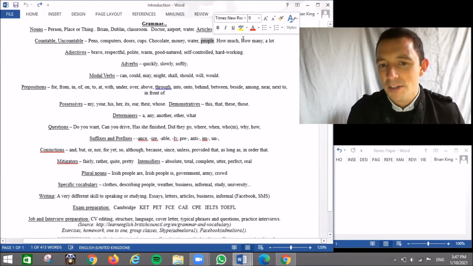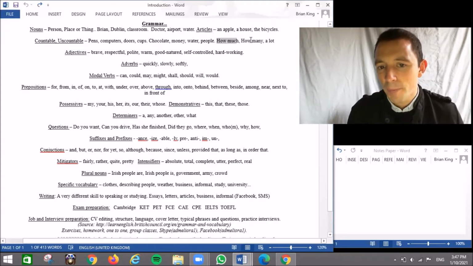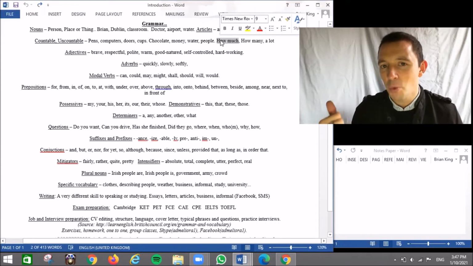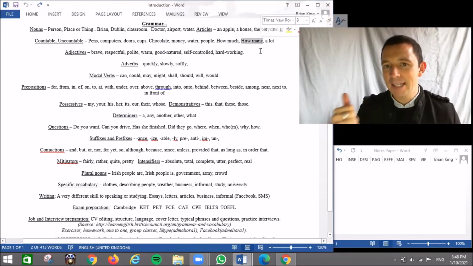And this is very important in relation to cuánto in español. How much is in relation to uncountable. Agua, how much water. Chocolate, how much chocolate, uncountable. Y many is for countable. How many pens, how many bicycles, how many books. Okay, so that's the big, big difference in English. How much and how many.